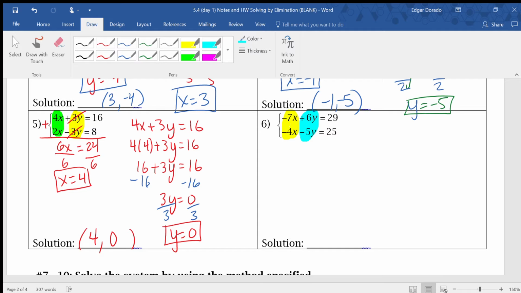Okay. So let's ask ourselves, from those two numbers, the 5 and the 6, which one's smaller? The 5 is. So can I multiply 5 by anything to get 6? Well, no, I can't. So that means, again, I'm going to have a situation where I'll have to multiply both top and bottom. So I need to find a multiple of both 5 and 6.